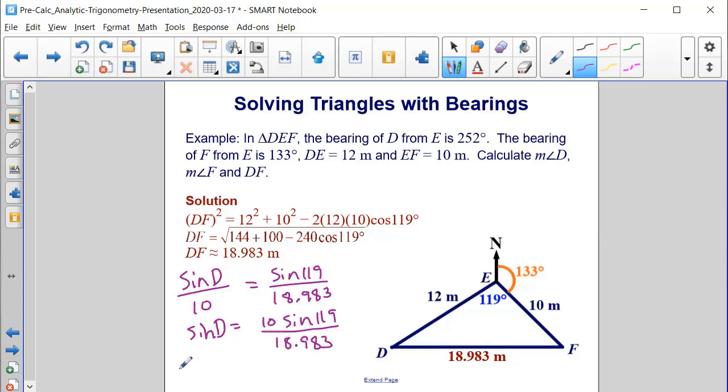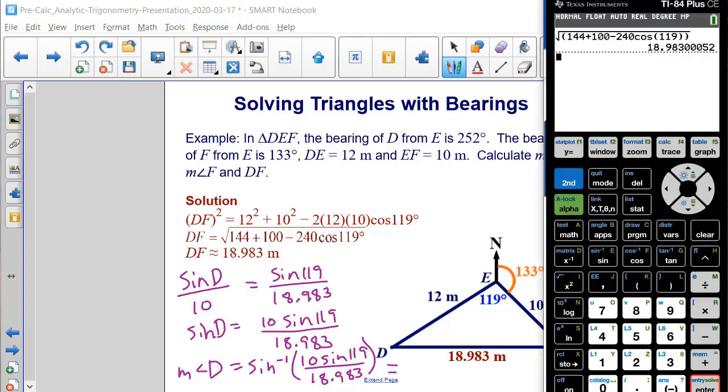And if we do the inverse sine of this fraction, we will end up getting the measurement of angle D. So it's 10 sine 119 divided by 18.983. And when we put these into our calculator, let's actually do that.